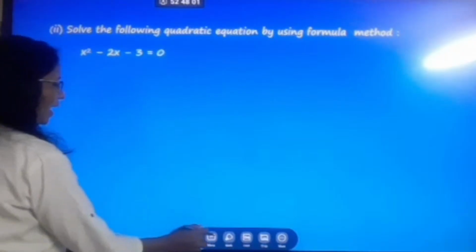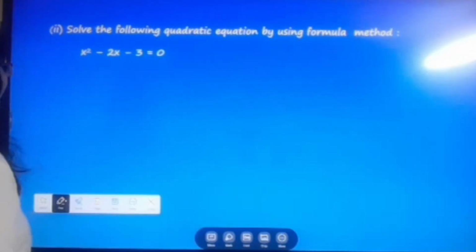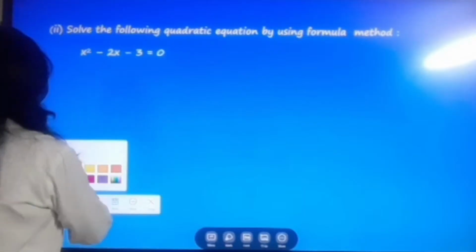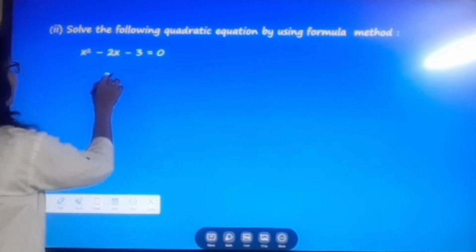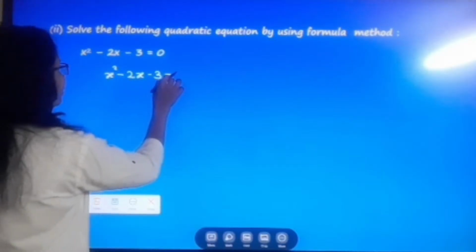The given equation is x square minus 2x minus 3 equal to 0.